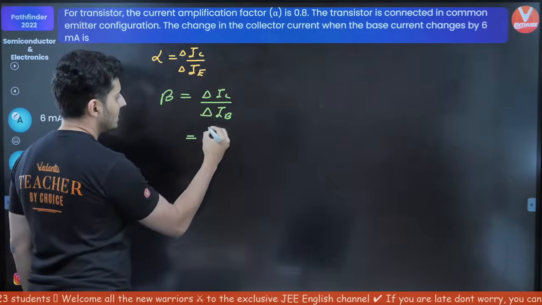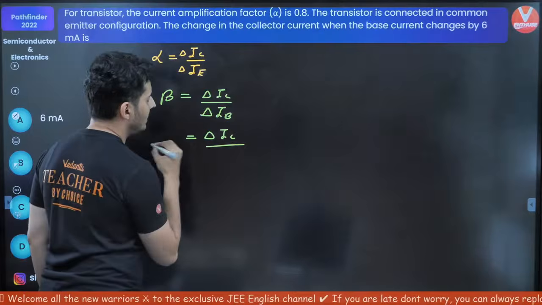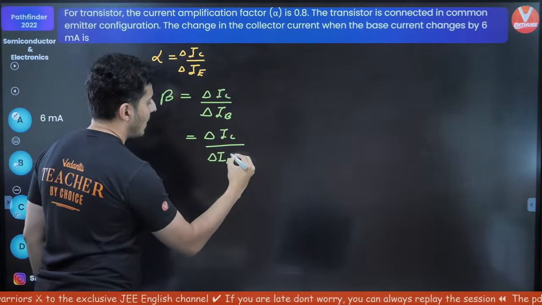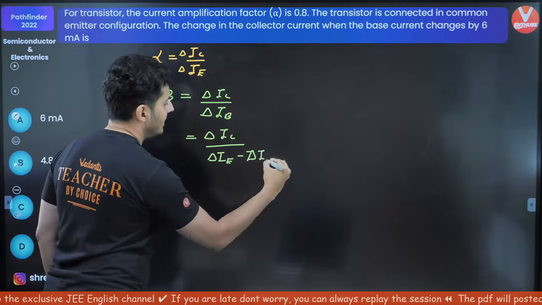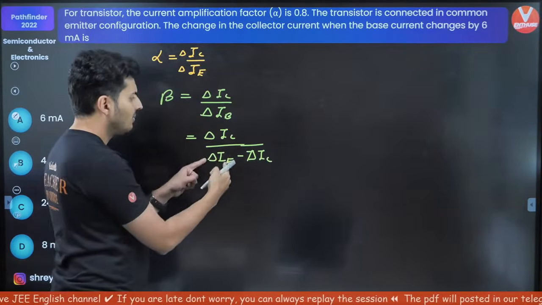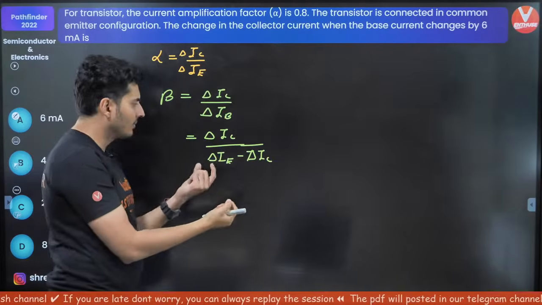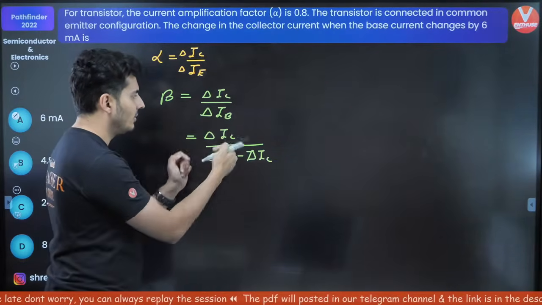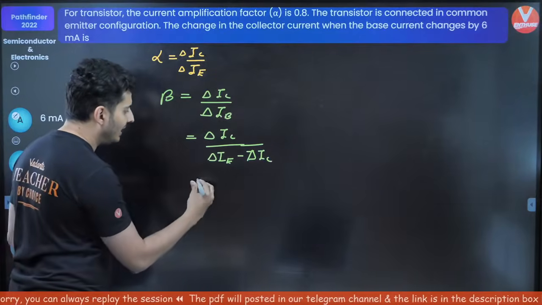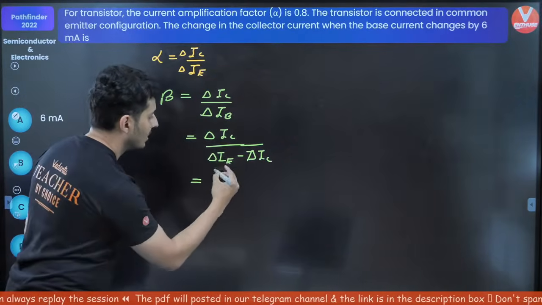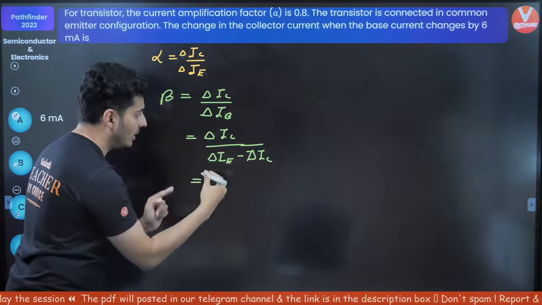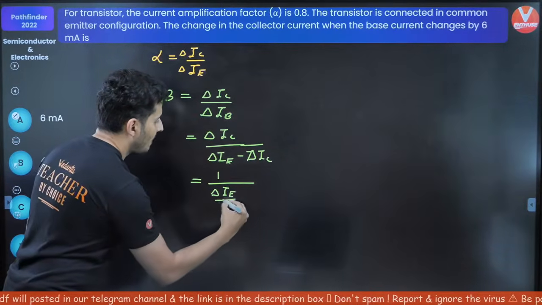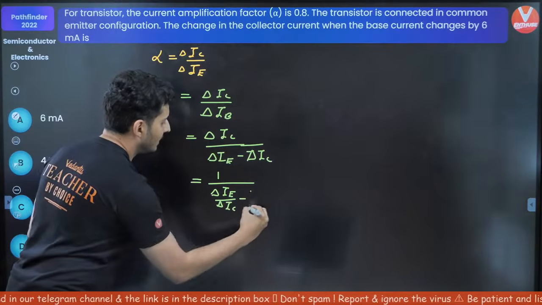Can I write this as IC divided by base, which is nothing but emitter minus collector current, by Kirchhoff's current law? Base is the smallest one, emitter is the largest one, collector is the decent one. So emitter minus the collector always gives you the base current. If I divide numerator and denominator by IC, I will be left with 1 by (delta IE by delta IC minus 1).